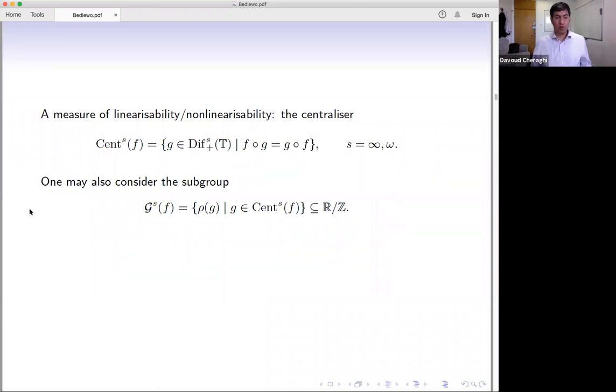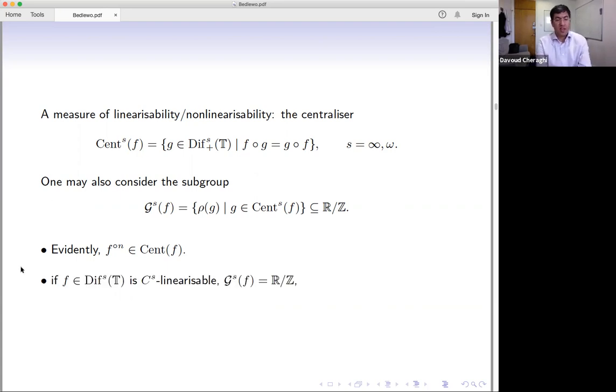So here are two comments. Of course, for every F, the iterates of F belong to the centralizer of F because the iterates commute with F. So they will be here. And if F is a C^S diffeomorphism and it is C^S linearizable, we saw that the symmetries, or the rotation numbers of the symmetries, are full.